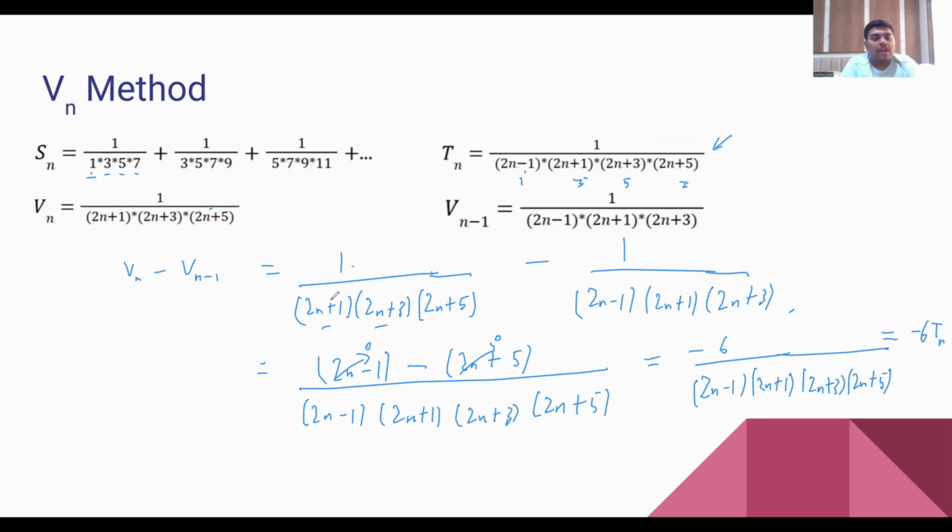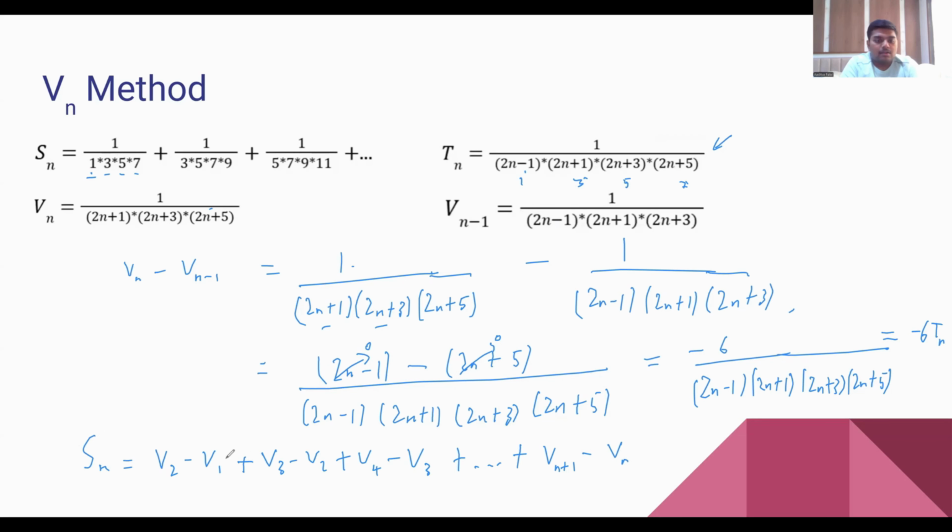Now, if you have to find the summation of first n terms, so Sn is equal to T1, which is V2 minus V1, plus V3 minus V2, plus V4 minus V3, plus so on, plus up to V(n plus 1) minus Vn.